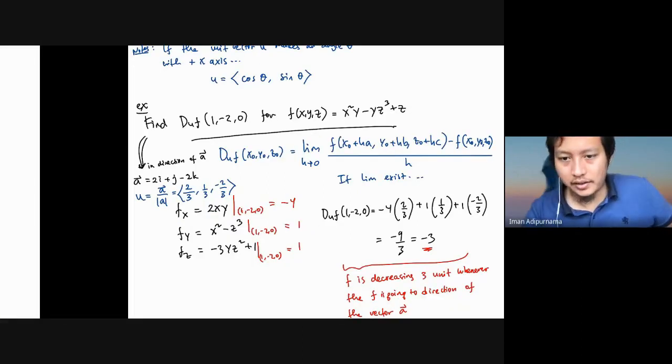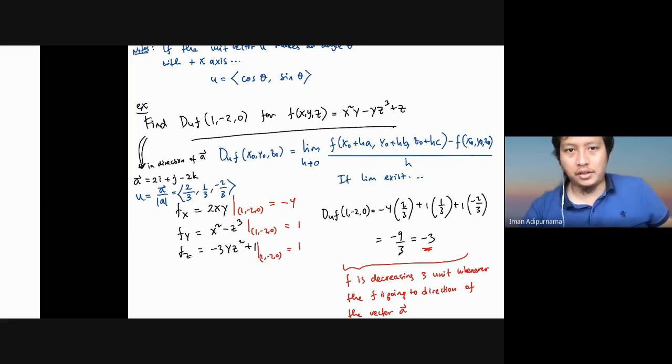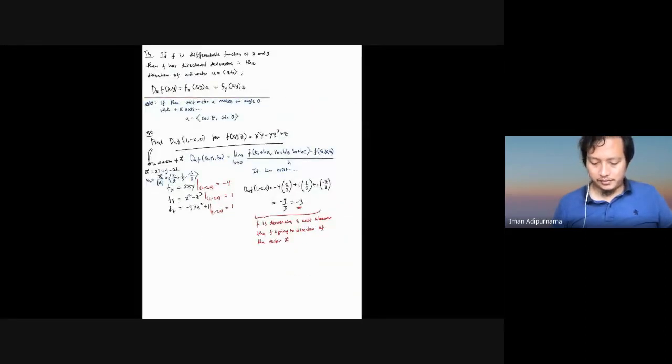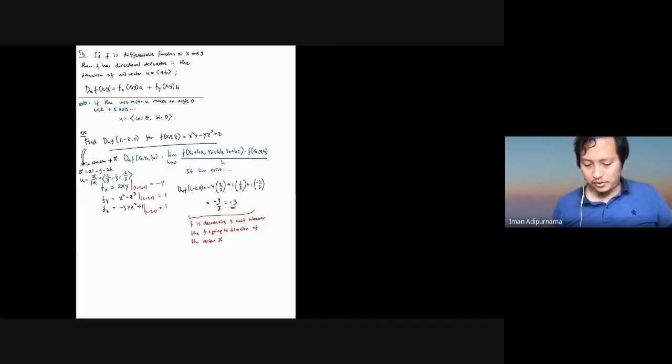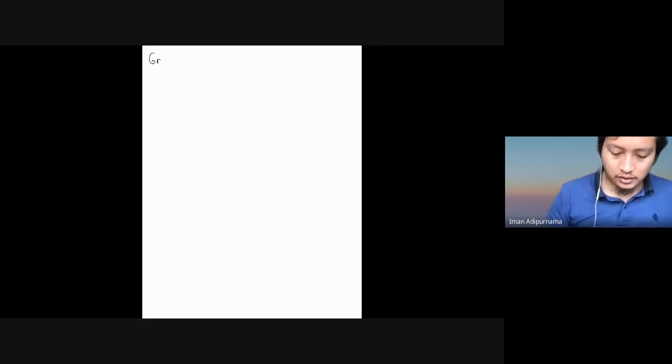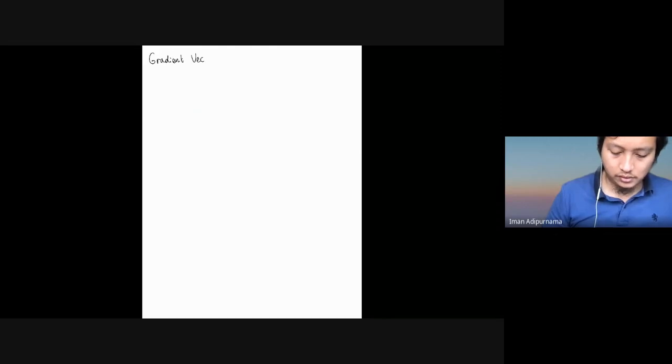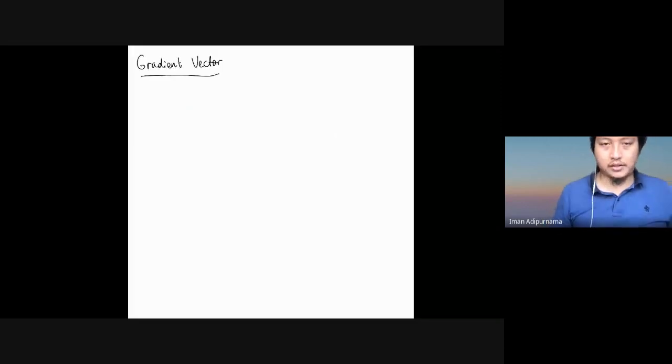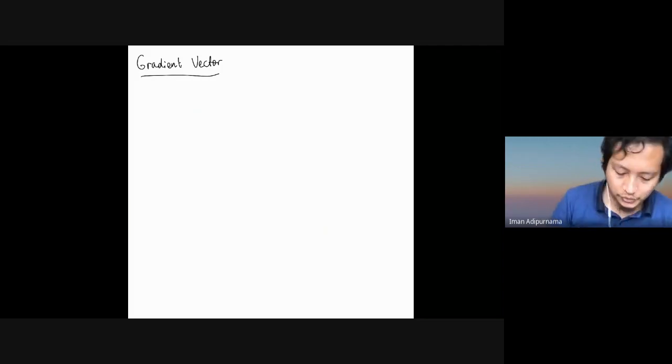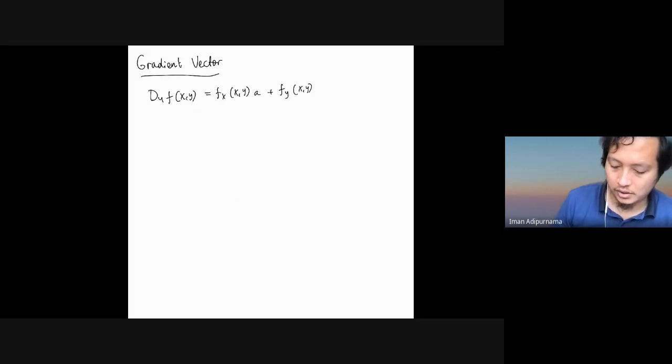The next thing is the term called the gradient vector. Let me just write our directional derivative formula with the partials. This is a, and then partial y, and then b.